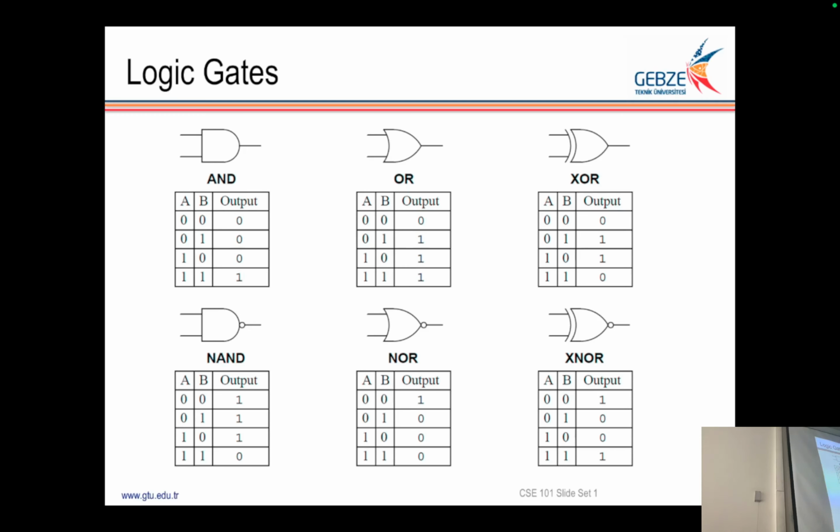In reality, because of how transistors work, they usually take the opposite of the input as they work. So making NAND requires fewer transistors than making AND. But it is not relevant.